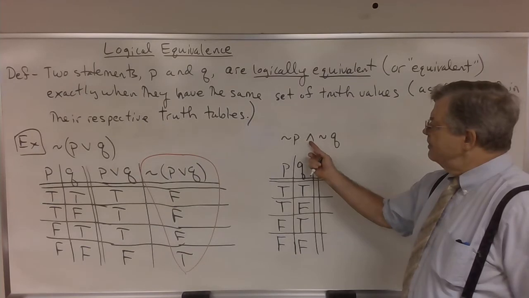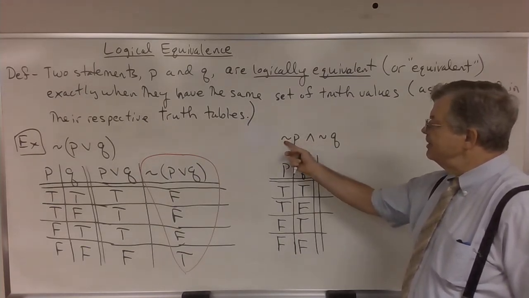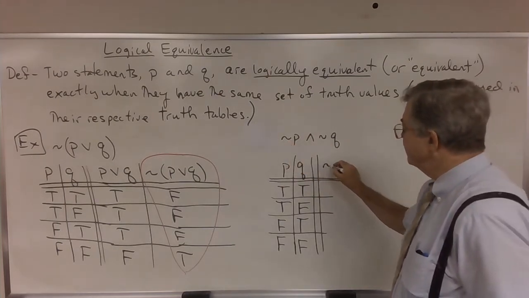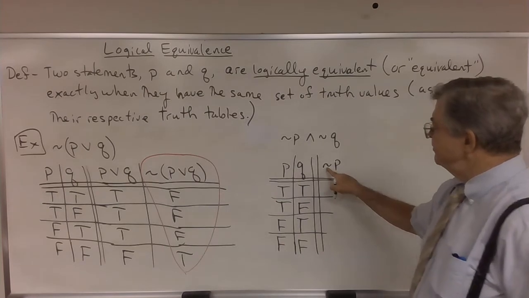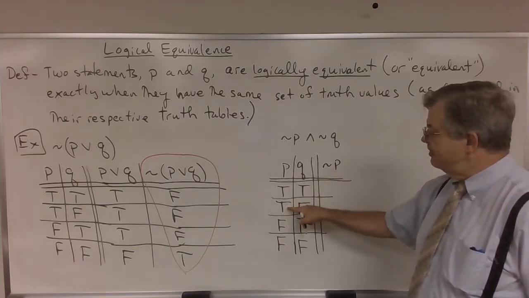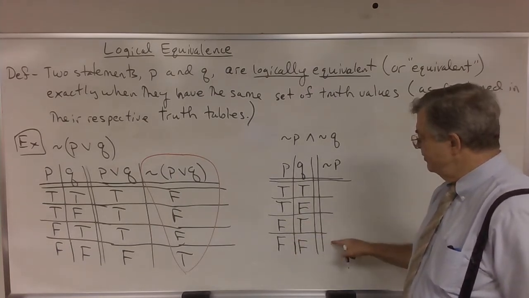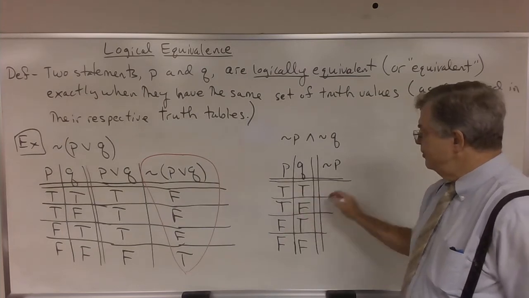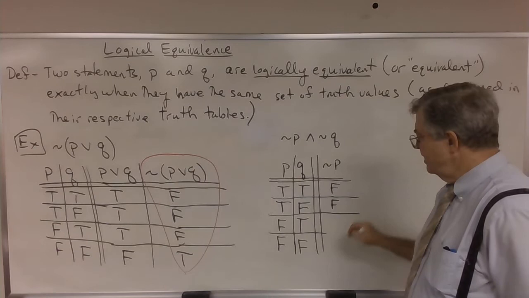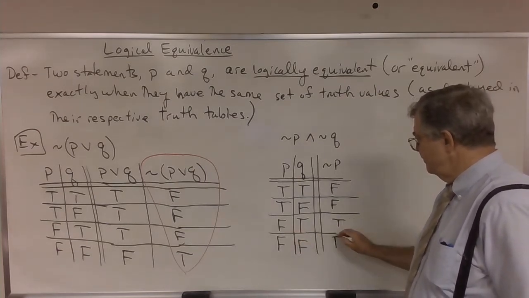And before we can perform AND on these two statements, we have to compute not P and not Q. This negation sign changes the true values for P to falses, and it changes false values to true. So true, true becomes false, false, and false, false becomes true, true.